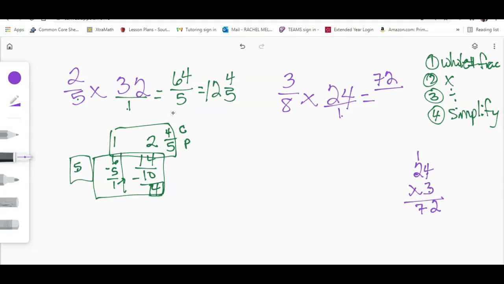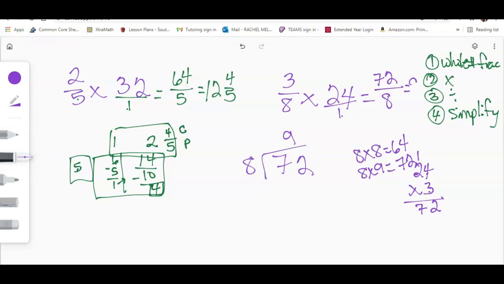And 8 times 1 is 8. So, I think we can do this one mentally. 72 divided by 8. Okay, well, I know 8 times 8 is 64. What's 8 times 9? 72, right? So it's 9.